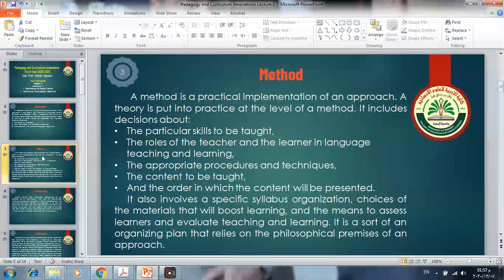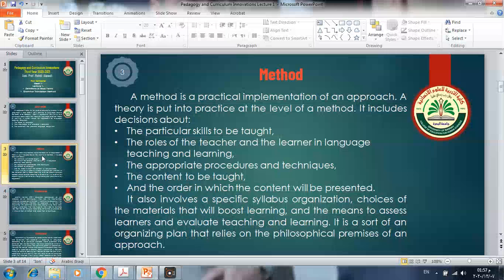Now we take the basic ideas from the approach, and the method is used to implement these ideas. So a theory is put into practice at the level of a method. The theory, which is represented by the approach, is going to be put into application at the level of a method.